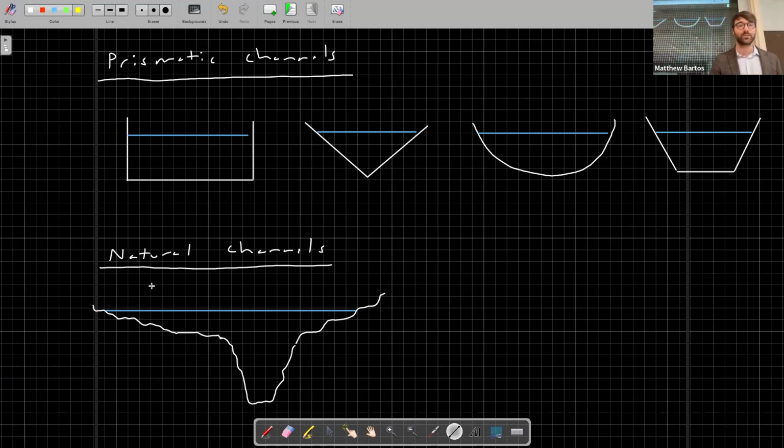So you basically just break the channel into vertical partitions like this. And then you create interpolated line segments representing the bottom of the channel for each one.